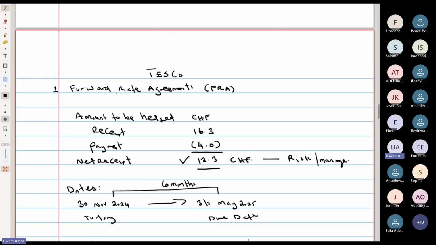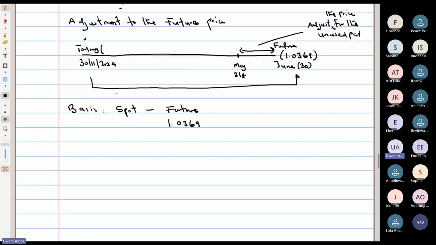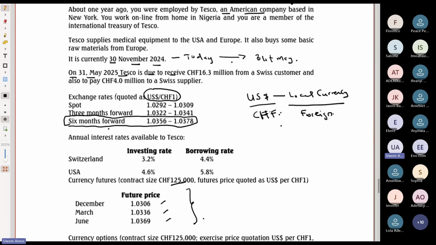We don't need to explain that again, because we agreed that because you're selling, the FX dealer is going to buy from you at a lower rate. So what is our rate now? The lower one. So our spot rate is the price now, and we've agreed that it's the lower one that is applicable because we are selling to the FX dealer.